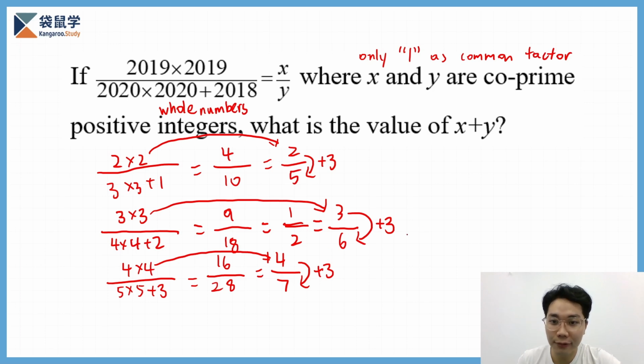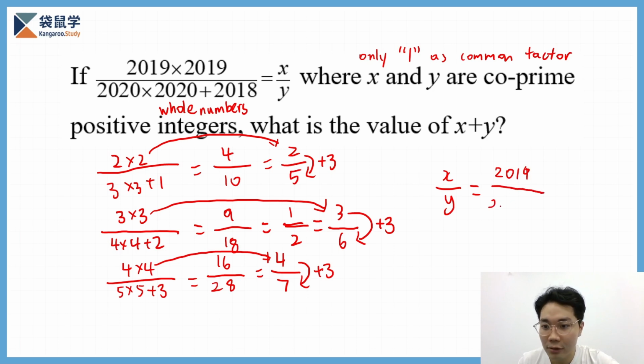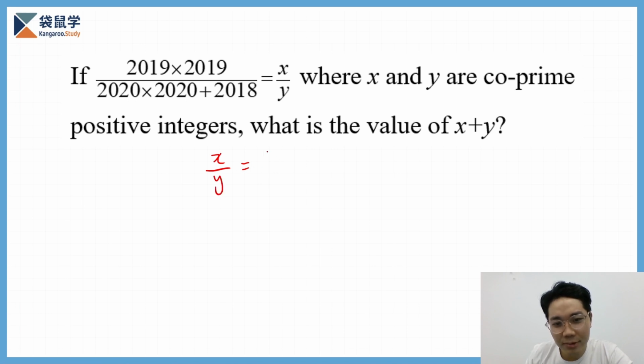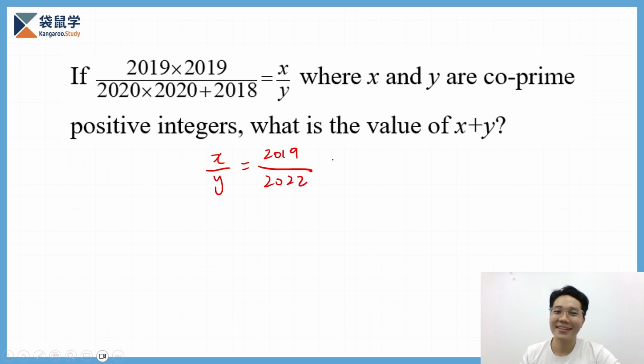And so the final answer for this is simply x over y, the first number 2019, and the denominator will be 2019 plus 3, which gives us 2019 over 2022. So once we find out that x over y is equal to 2019 over 2022, then we can solve the answer very easily.